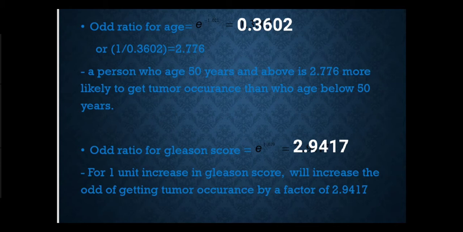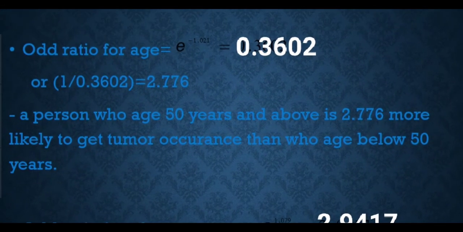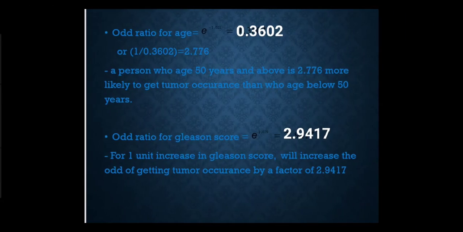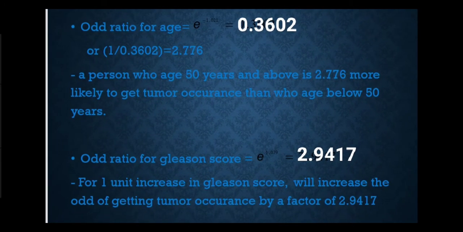Okay, so e power of the coefficient for age, negative 1.021, will be 0.3602. Okay, so we can change it into the form 1 over 0.3602 because we want to interpret in a more meaningful form. If we interpret 0.3602 it is also fine, no problem actually.